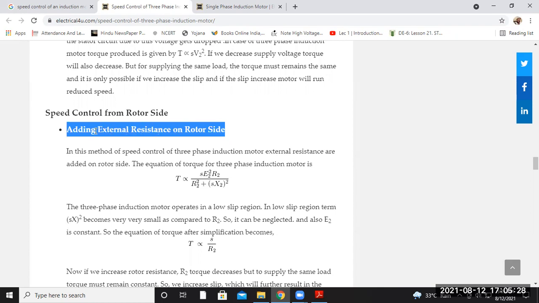As we add external resistance, we are increasing the voltage drop, or decreasing the current, because this resistance is connected in series with the rotor circuit. That means we are decreasing the flow of current.